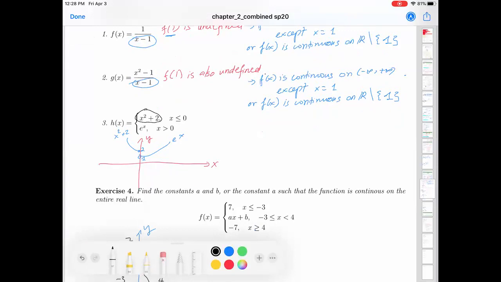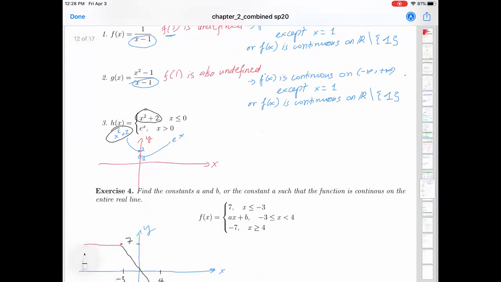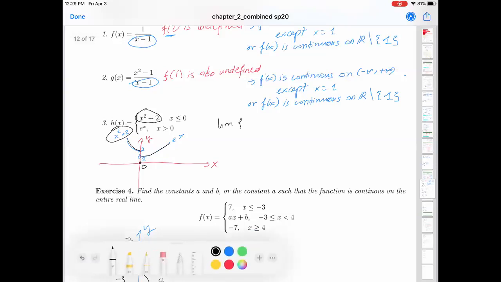I sketch x squared plus 2 on the left side of 0, and I sketch e to the x on the right side of 0. You can see there's a gap at x equals 0. That means the function h of x is discontinuous.